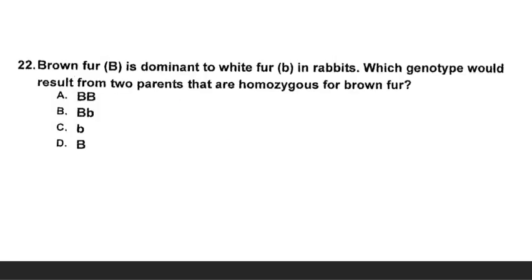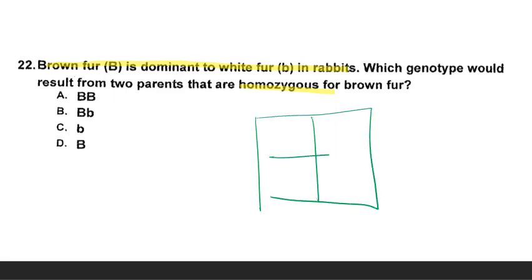Brown fur is dominant to white fur in rabbits. So we have that whole statement for our key. Which genotype would result from 2 parents that are homozygous for brown fur? So we're going to have to draw out our Punnett square. Homozygous, does that mean same or different?